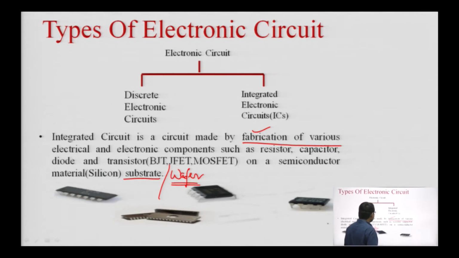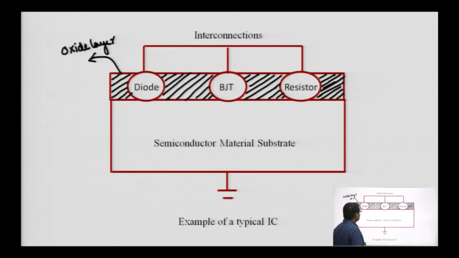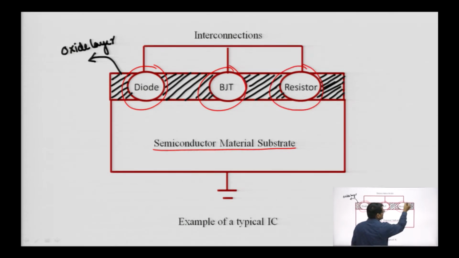What are the steps involved in fabrication? Here we show a typical integrated circuit made on a semiconductor material substrate, and suppose this part covers the diode, this is the BJT, and this is the resistor, and this shows the interconnection made with metallization.